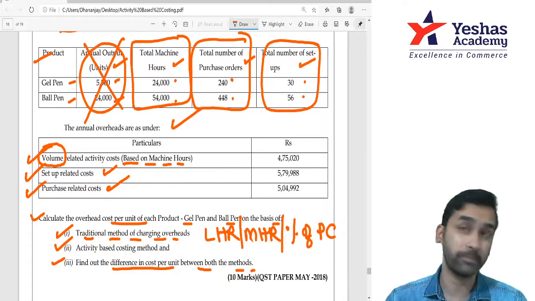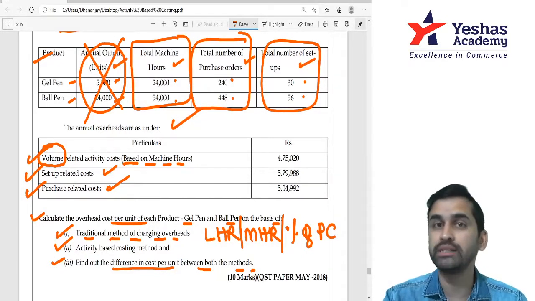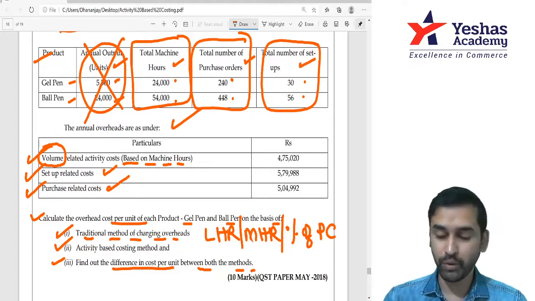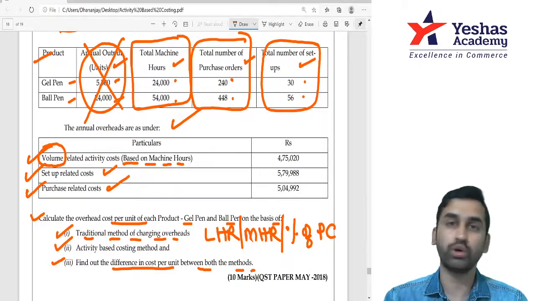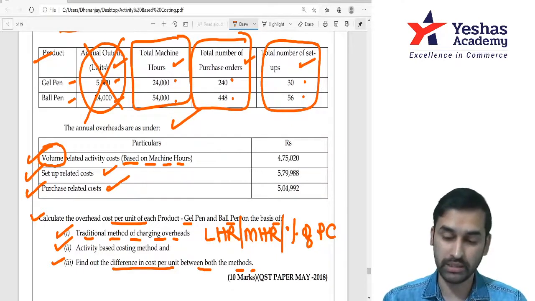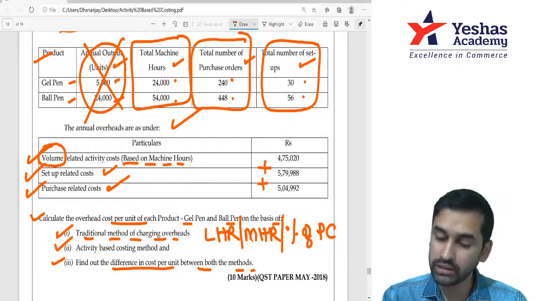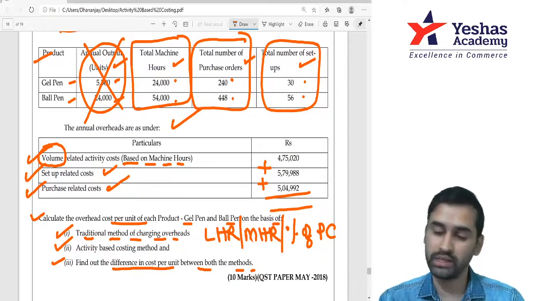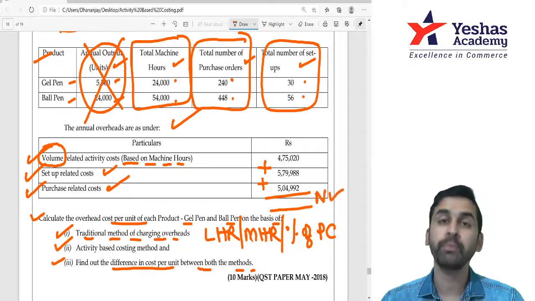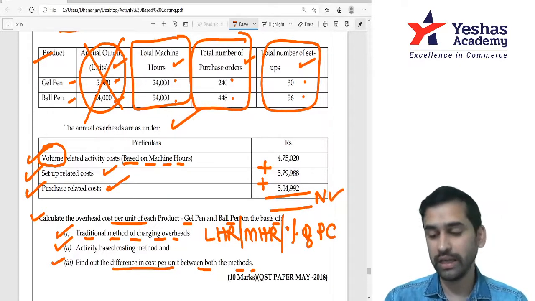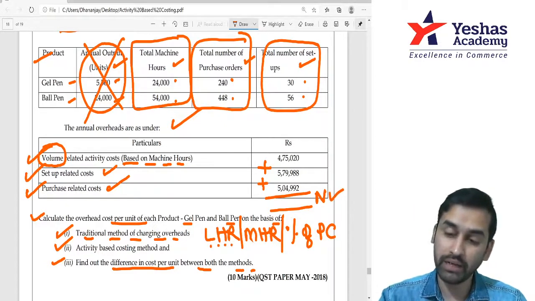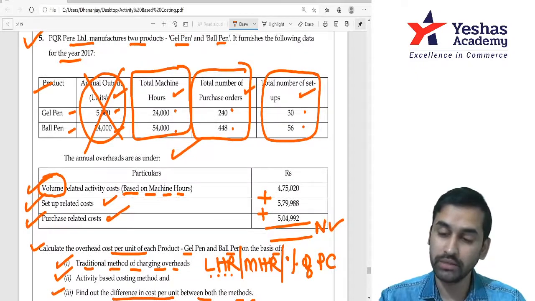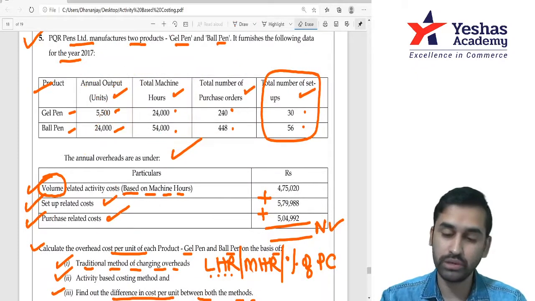Maybe they want you to decide. Okay, sir, if you want to do on LHR basis, the numerator will be total overheads. How much is total overheads? Sir, if I add all the 3, I will get total overheads. Perfect. Numerator ready. Denominator is labor hours, because you are saying LHR. Do you have labor hours anywhere in the question? Just check. No, sir, we don't have.